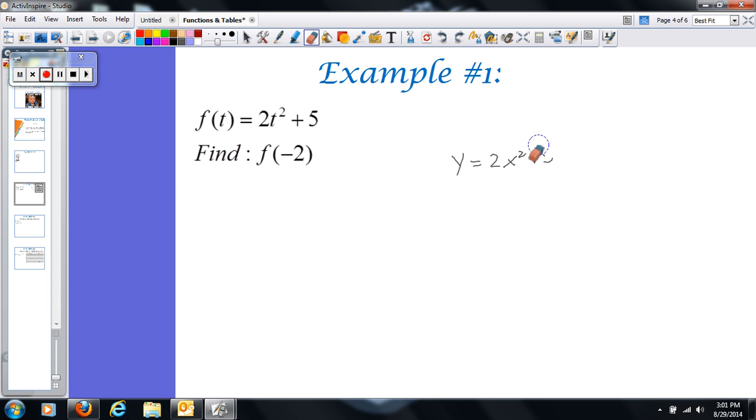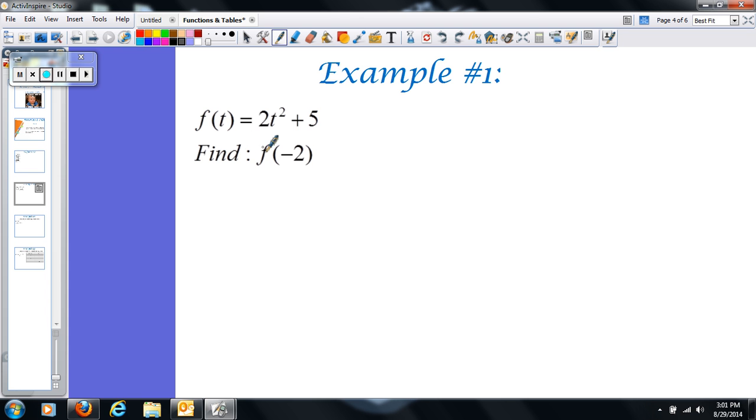I'm going to erase this real quick so I've got a little more space to work. When we look at function notation and how to do these problems, f of t equals 2t squared plus 5.